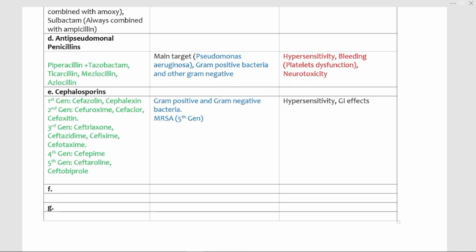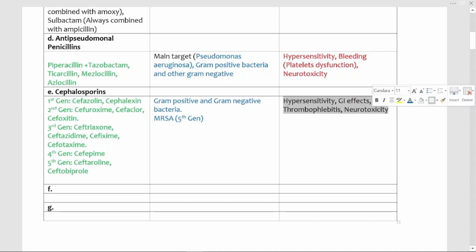That's another common side effect that you have to look into. It may also cause thrombophlebitis, especially when given intravenously. It may also cause neurotoxicity in high levels, and many other side effects. So those are some of the examples of the side effects when it comes to using the cephalosporins.